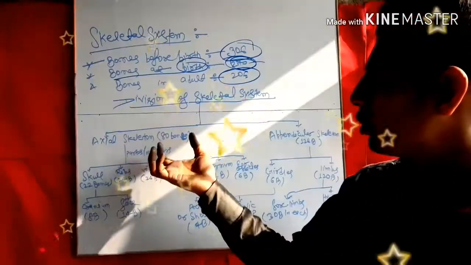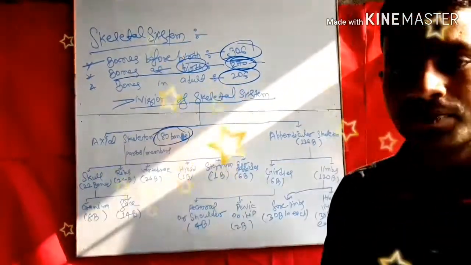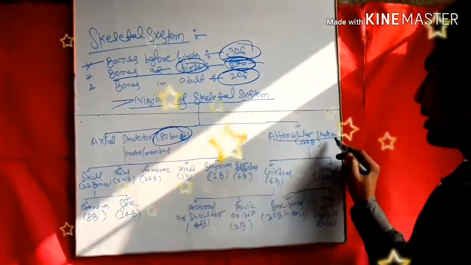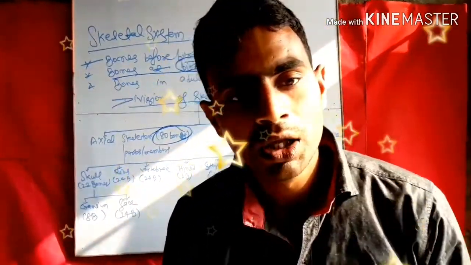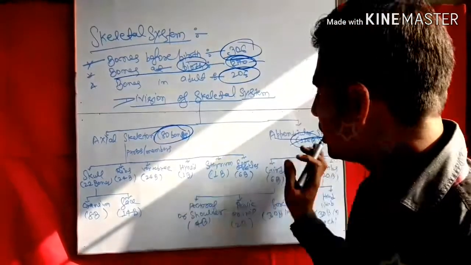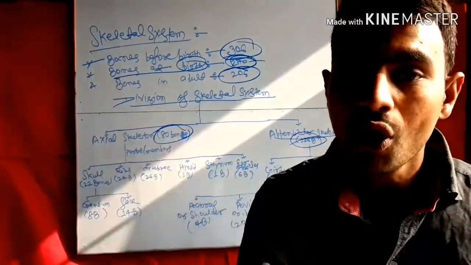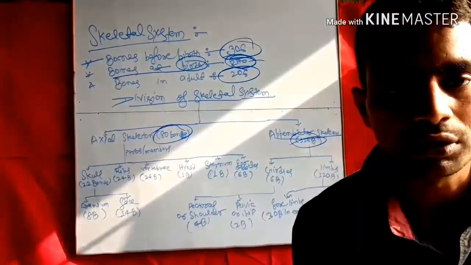The axial skeleton contains 80 bones, and the appendicular skeleton contains 126 bones. If you add 126 and 80, you get 206 bones.